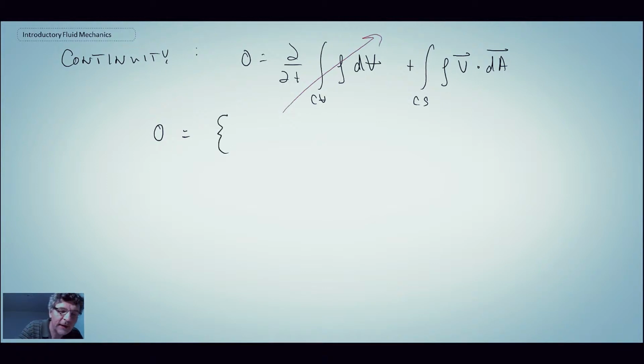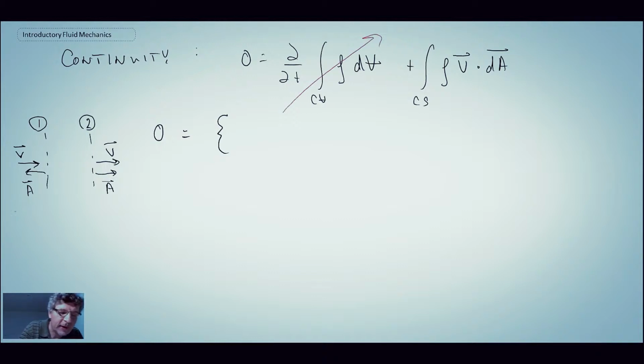So on inlet control surface 1, we had a velocity coming like that, but our area vector would be out in that direction, so that's control surface 1. And then for 2, on exit, the velocity vector was in that direction, and our area vector would be there.